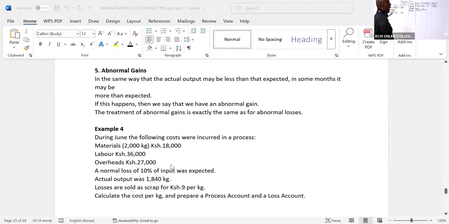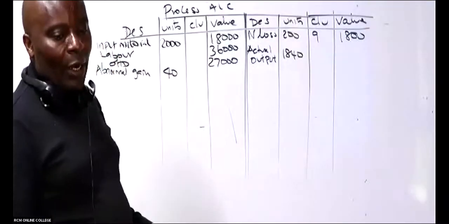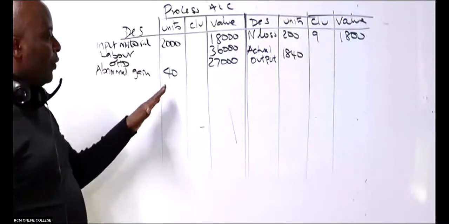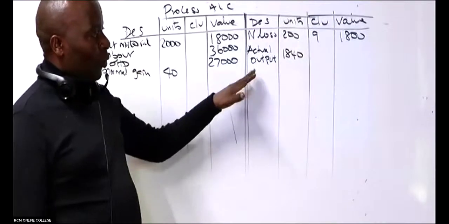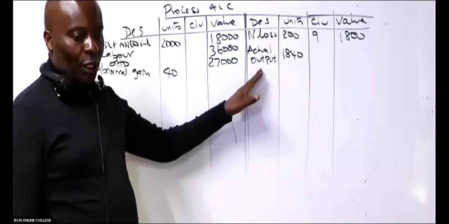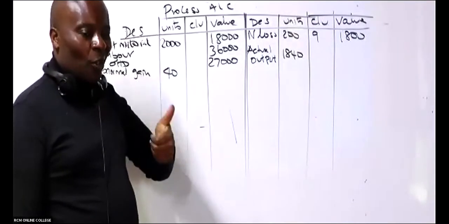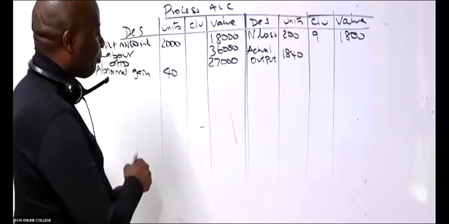So then I only have two things to value here. I would want a value for the normal gain. I would want a value for the actual output. So for these two things, I'll have to use the process cost per unit formula.